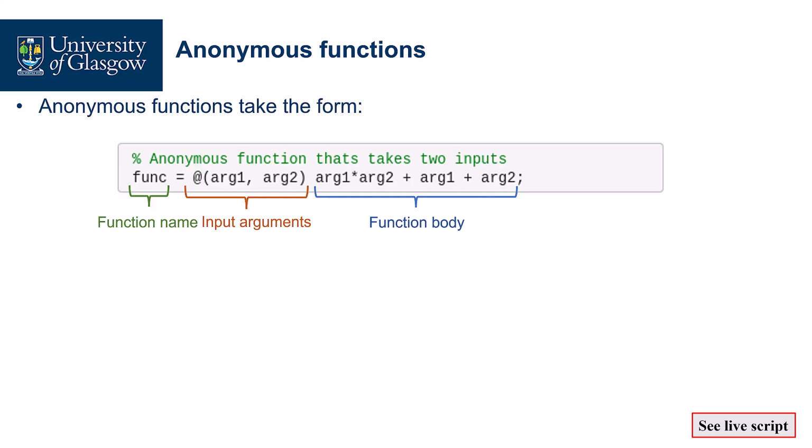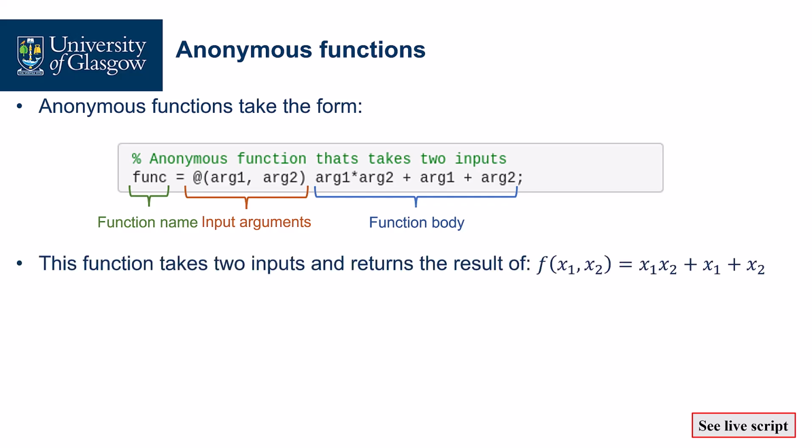First of all, let's see what this function is doing. We can see the return is arg1 multiply arg2 plus arg1 plus arg2. This is the function body. So we calculate the result of f(x1, x2) equals the multiplication of them plus the sum of them.